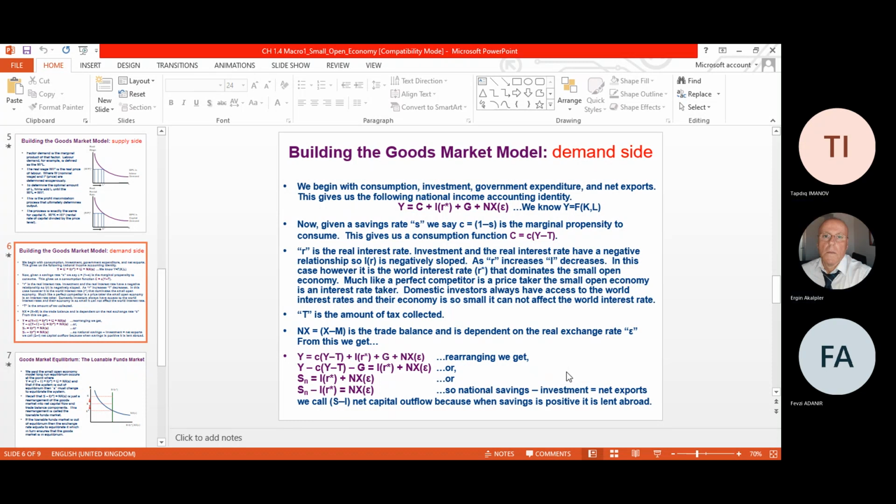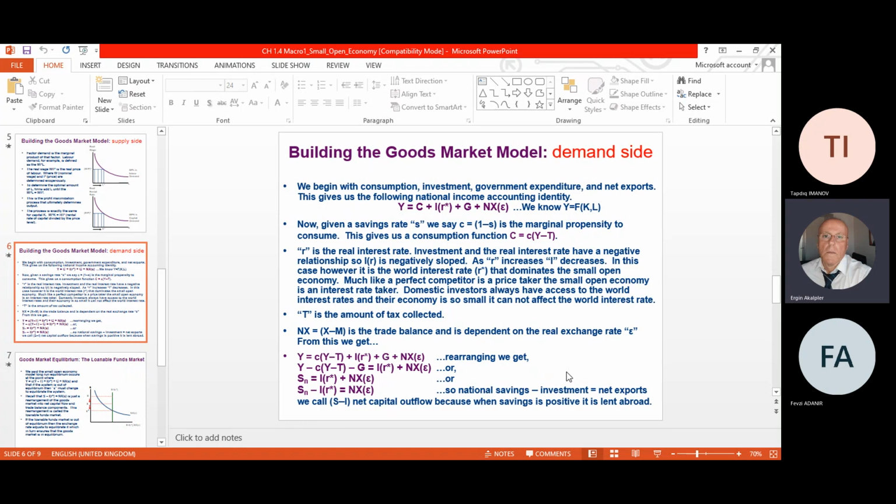On the equation, the saving rate, S, is not represented here, but S is also I, which means saving is equal to investment.